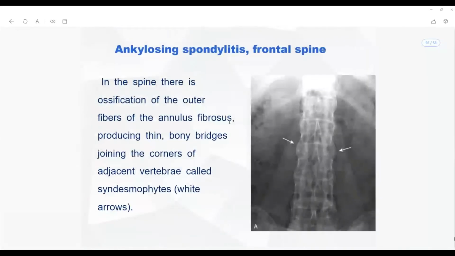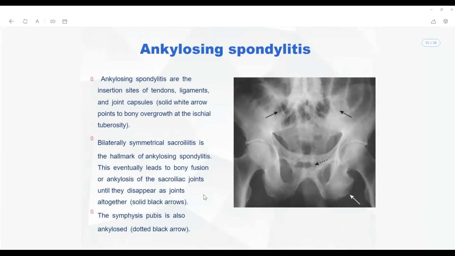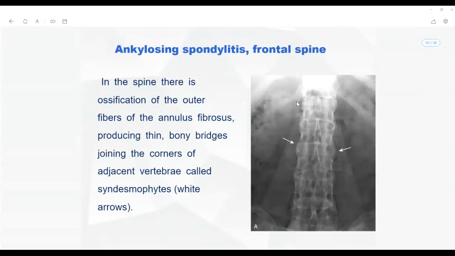And you see here, the outer facets of the spine are joined together, where syndesmophytes are formed. Such a formation makes the spine look like a bamboo. A bamboo root is continuous, right? There will be joints in between, but it is continuous. It is not one stack after another stack. It is not some kind of Lego formation.